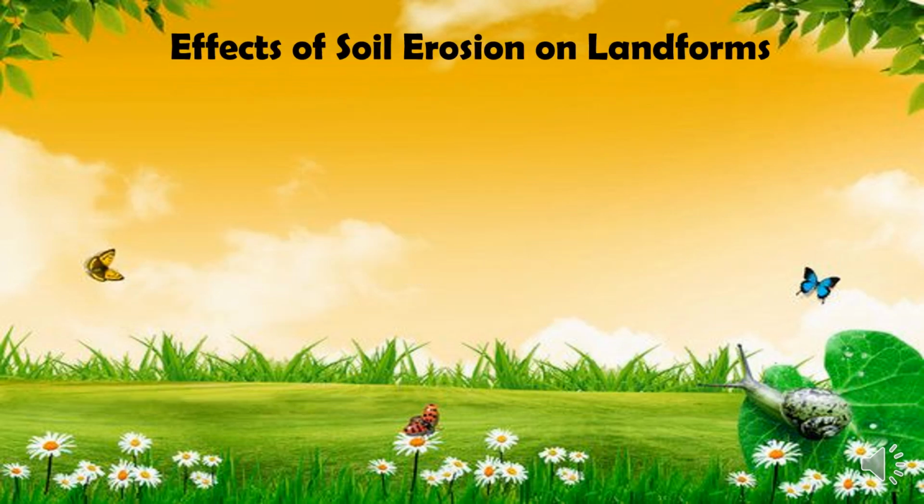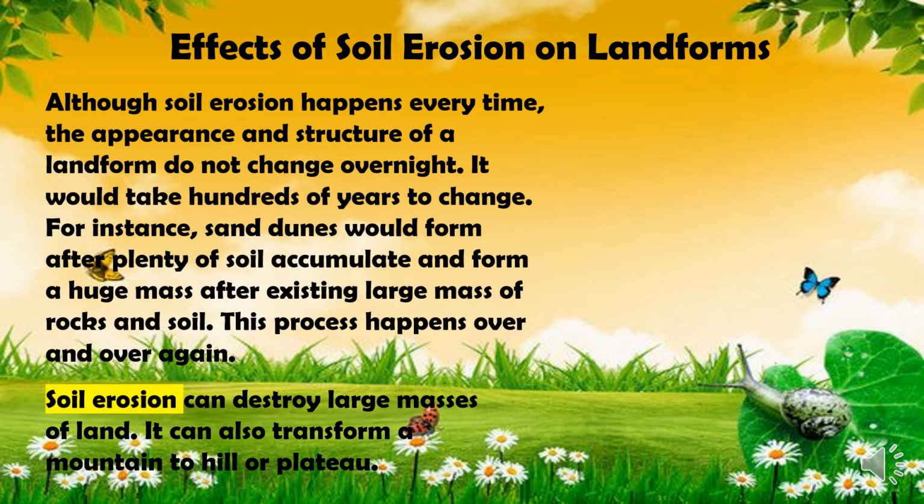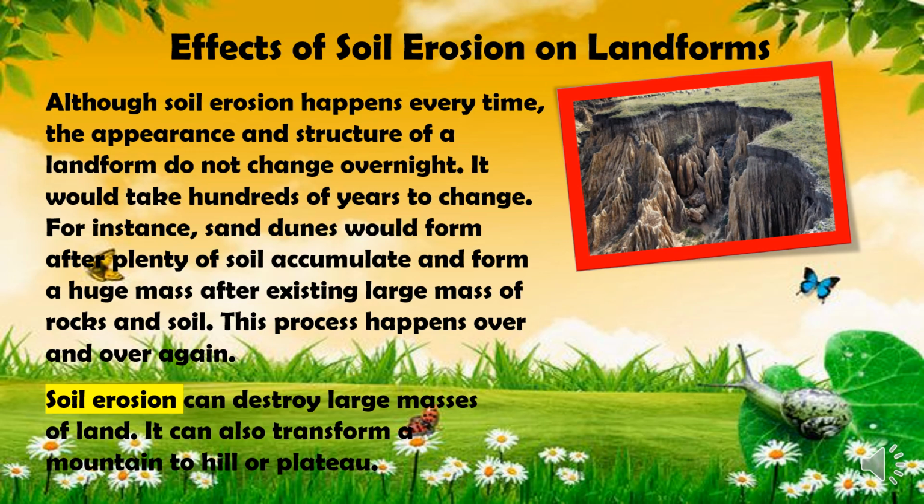Here are the effects of soil erosion on landforms. Although soil erosion happens every time, the appearance and structure of a landform do not change overnight. It would take hundreds of years to change.